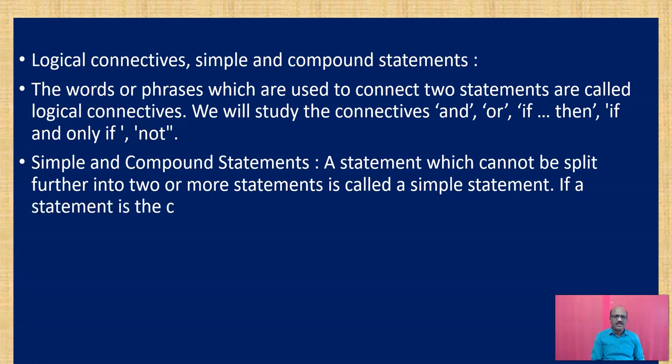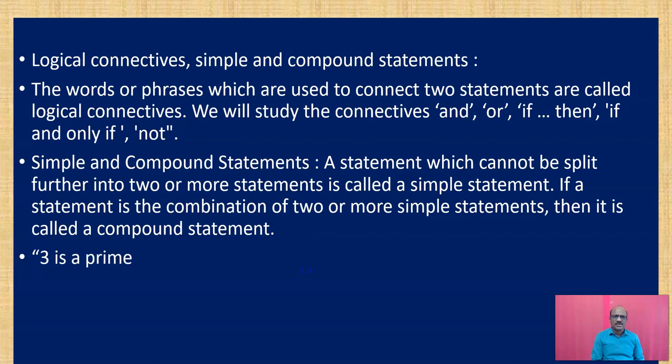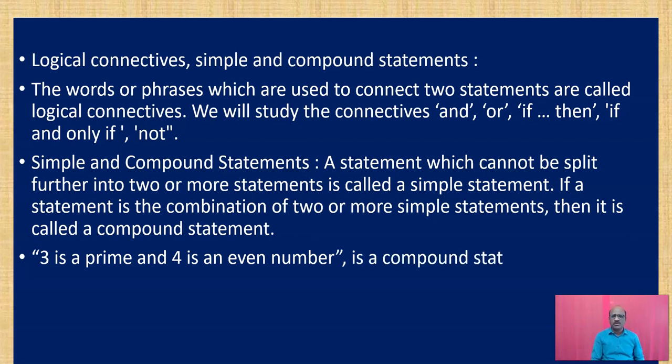If a statement is the combination of two or more simple statements, then it is called a compound statement. 3 is a prime number and 4 is an even number is a compound statement. 3 and 5 are twin primes.